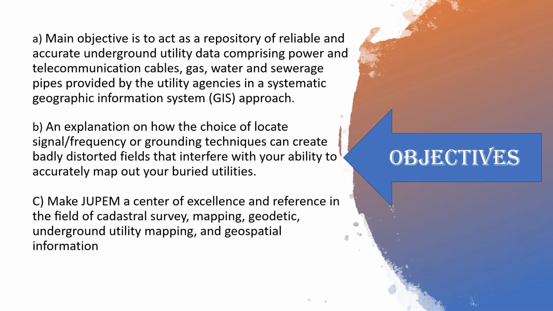Second, explanation on how the choice of locate signal or frequency or grounding technique can create a distorted field that interferes with your ability to accurately map out your buried utility.